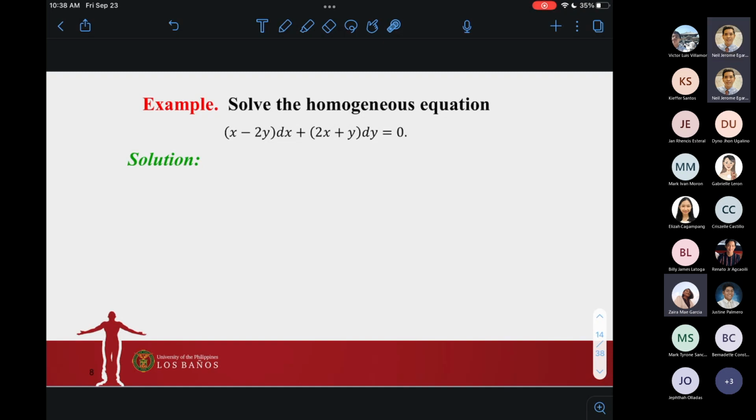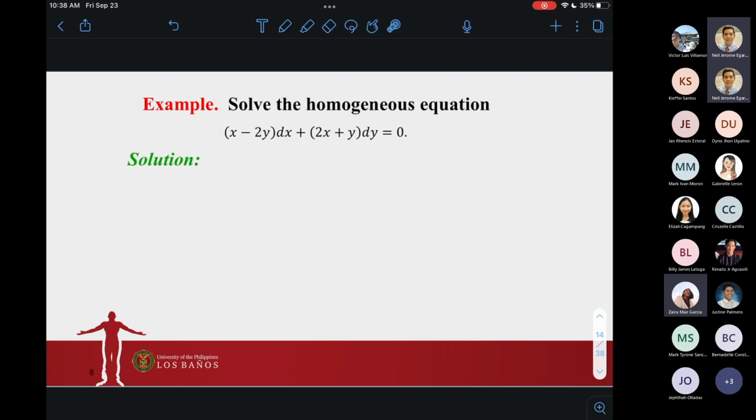Okay. So for this example, let's first check kung homogeneous yung mga components ng ating ODE. You can think of it as our component M, and this is our component N. Kapag sila ay homogeneous of the same degree, then we can proceed with the substitution y equals vx or x equals yv.